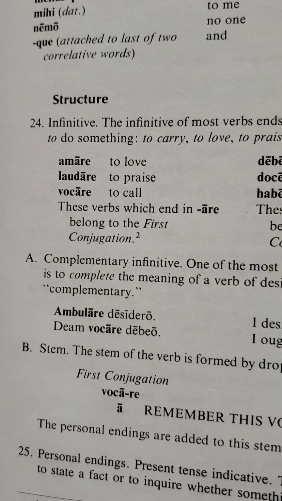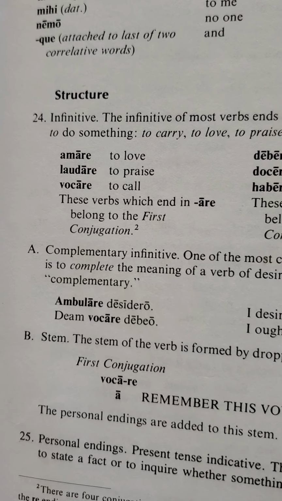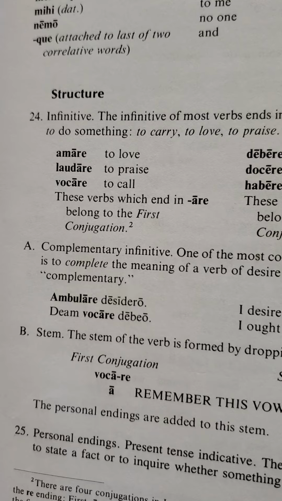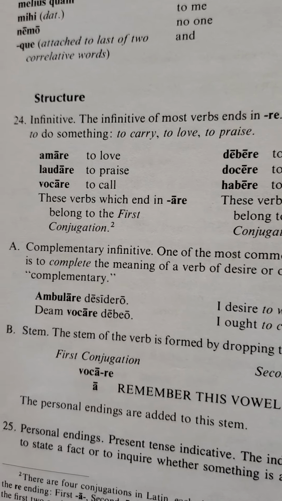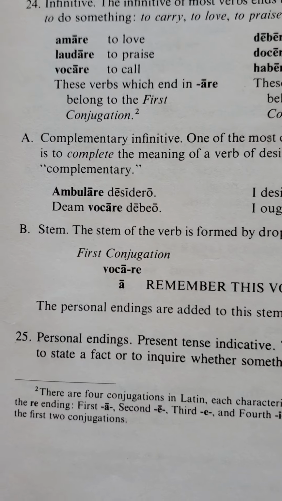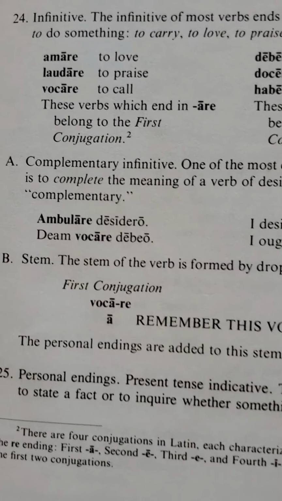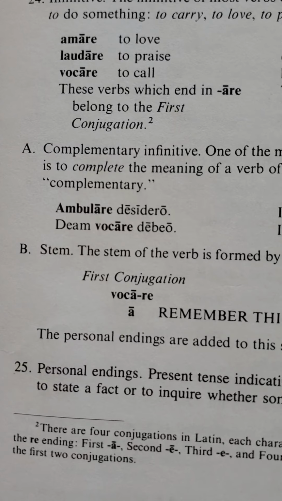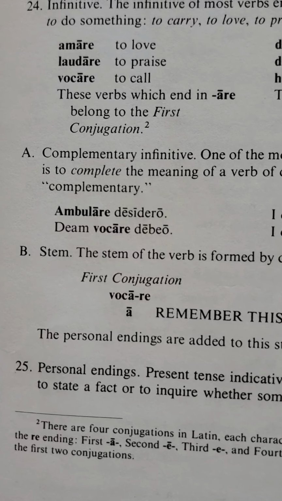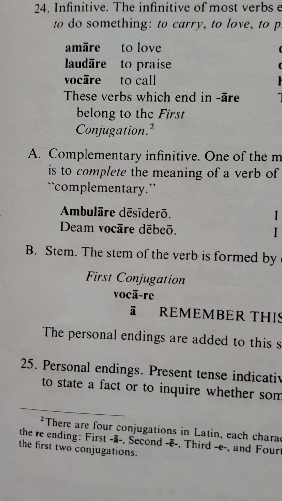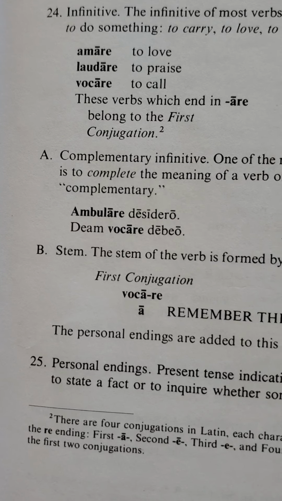Norma talks about the infinitive. The infinitive form is the "to" form. It's going to be the second principal part. Okay, and I'm going to show you how to form that in just a second. The infinitive can be used in a sentence just in that form. We do it in English all the time. We might say, I want to go to the store.